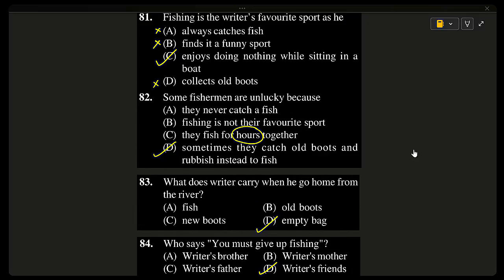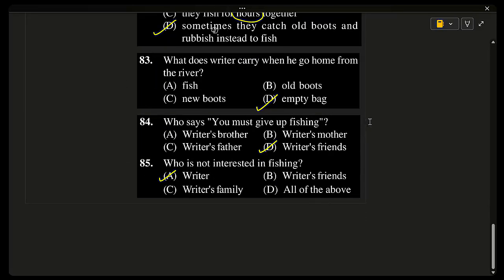Okay, sir. Chidrupa, what is your doubt? Sir, in the 85th question, the writer's friend is also not interested in fishing, sir. Who is not interested in fishing? Sir, it's the writer's friend also. Not about the friends.